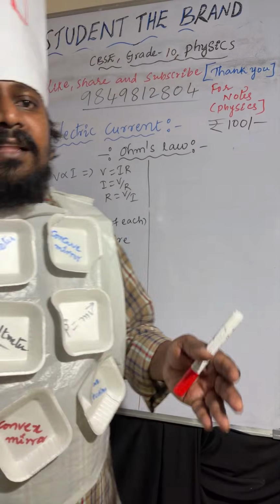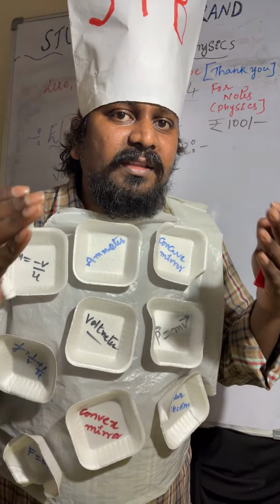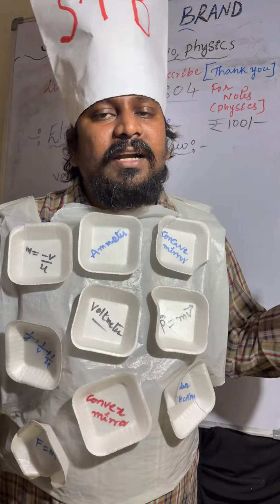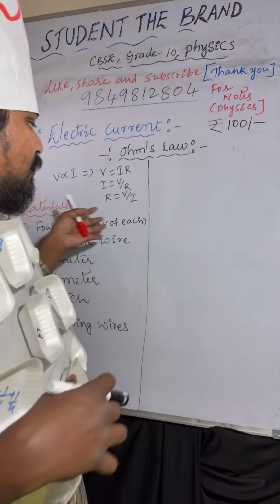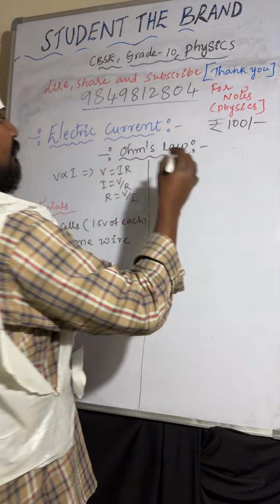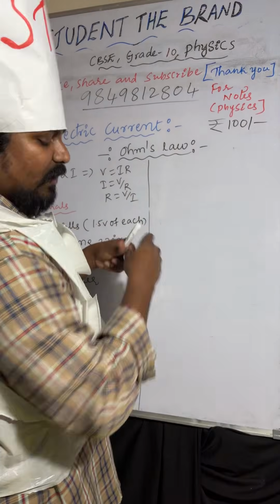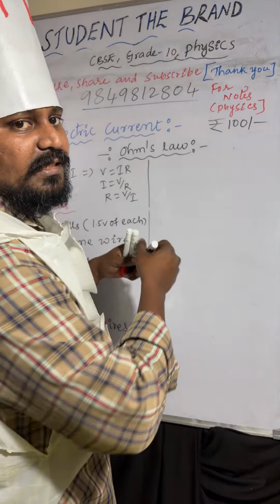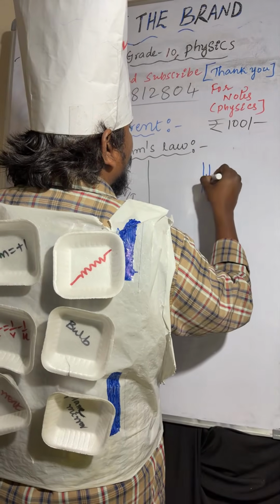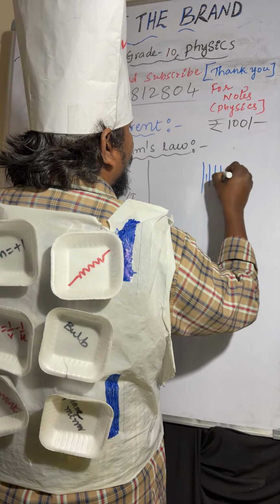So now we will draw the circuit diagram. How to draw the circuit diagram? Whatever we wrote here, those we have to connect. First, I'm connecting 4 cells: 1, 2, 3, 4.